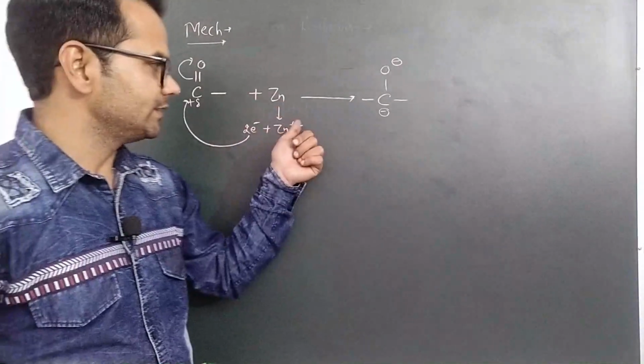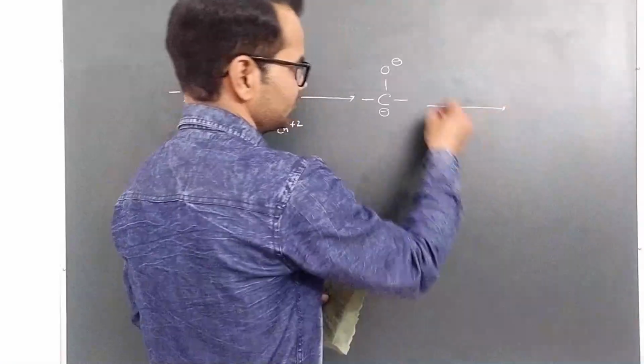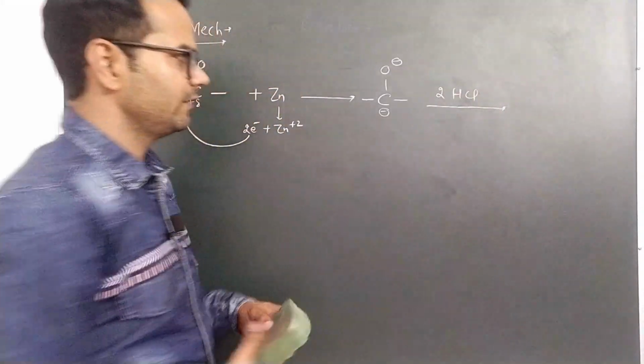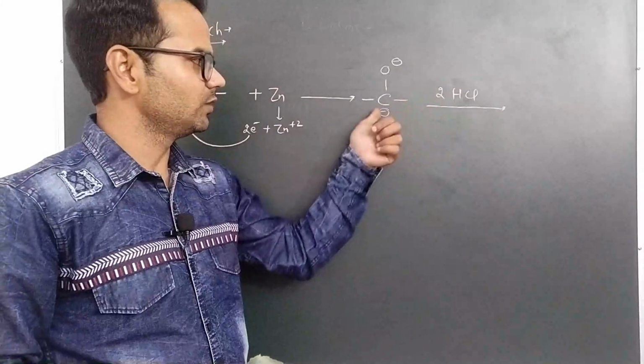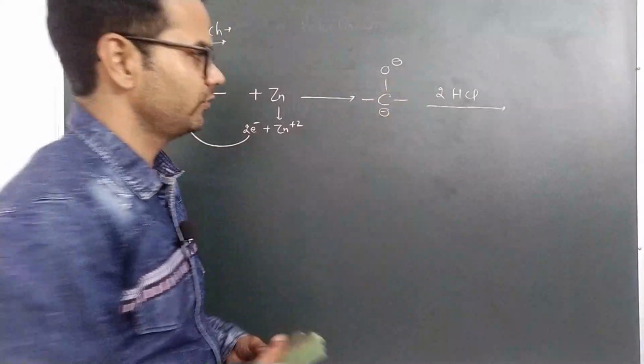Now we have the acidic medium HCl. It comes into play. Actually 2 HCl molecules will come and they will give 2 hydrogens, one to this carbanion and one to this negative oxygen. So we will obtain the structure.